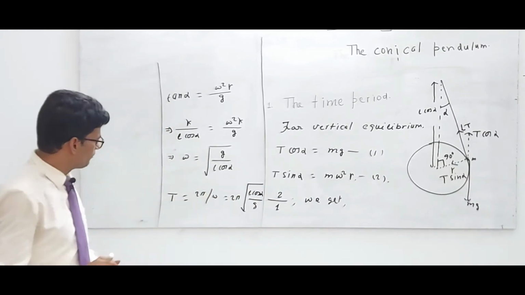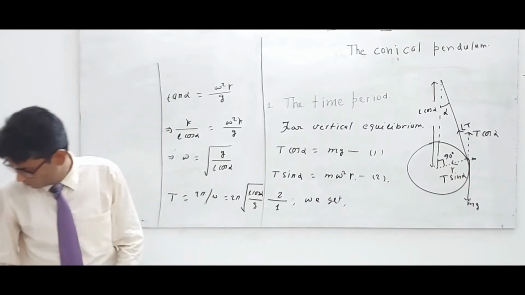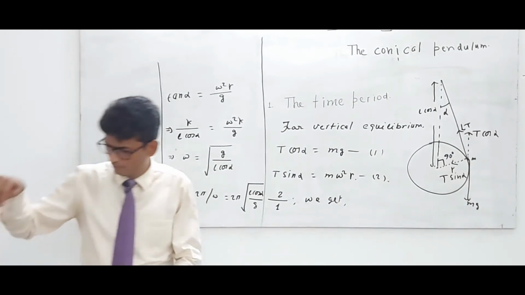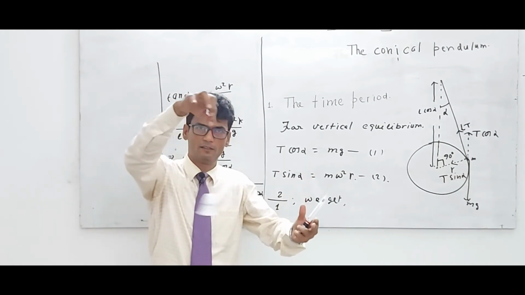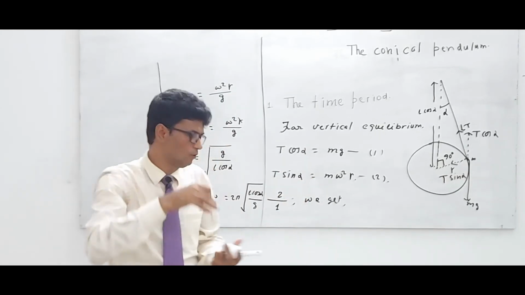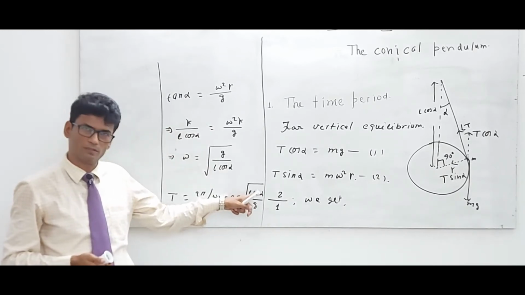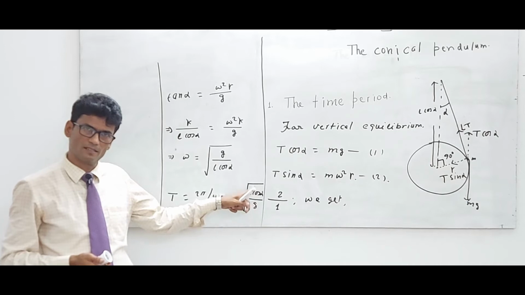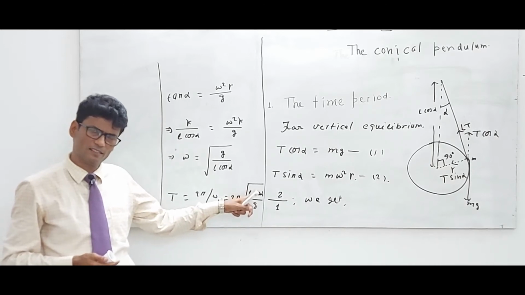So now we compare this with the simple pendulum. Look at here, this cos alpha factor in the square root is extra. Why do we call it like this?